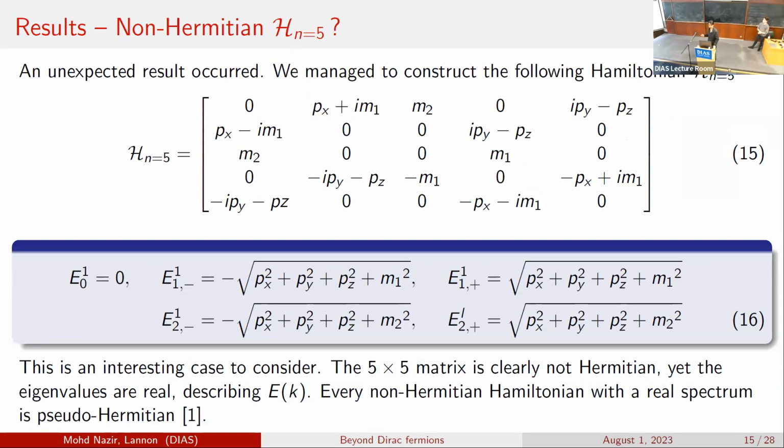So that prompted a venture into non-Hermitian quantum mechanics, and according to a paper from 2001 by Mostafazadeh, titled Pseudo-Hermiticity versus PT parity time symmetry, he referred to non-Hermitian Hamiltonians with a real spectrum as pseudo-Hermitian. So we just obtained a pseudo-Hermitian matrix as an example for the 5x5 case. By rearranging the terms, as well as interchanging the momentum and the mass terms, we end up with many additional matrix configurations that yielded eigenvalues that satisfied our Dirac-like model for the 5x5 case.